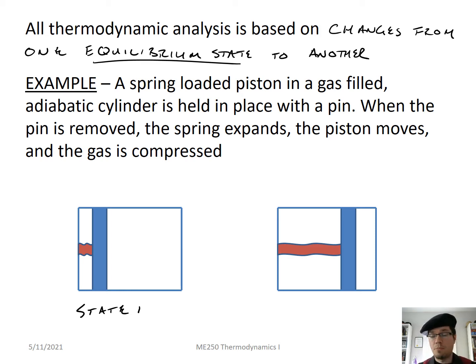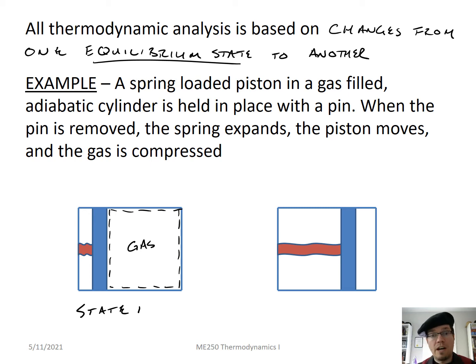The piston is pushed all the way to the left, and we've pinned it there. We've stopped it there somehow. And we're considering the gas in the other side of this piston to be the system.